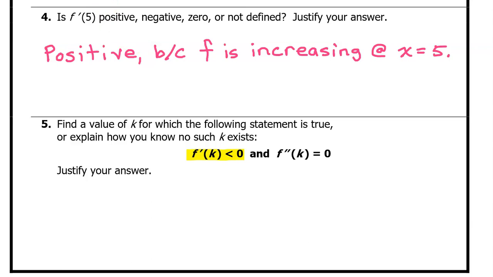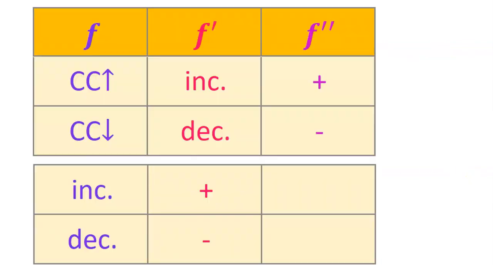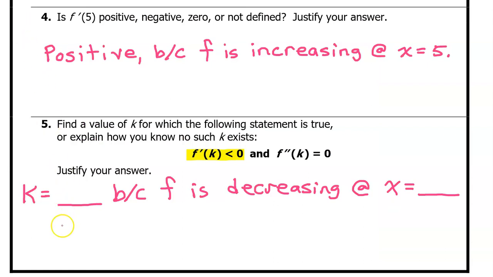They're asking me about f prime, but somehow I have to base my answer on function f because that's what I'm given. So we know that f prime will be negative if f is decreasing. We will fill in the blanks later, but k equals blank because f is decreasing at x equals blank.